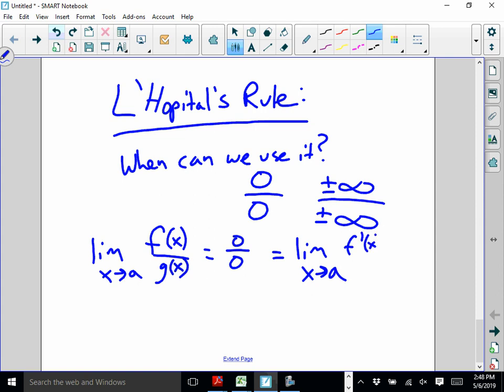It's not a quotient rule. Don't get it mixed up with the quotient rule. Just do the derivative of the top and the derivative of the bottom, then replug in. But you have to say using L'Hopital's rule. Let me show you an example.